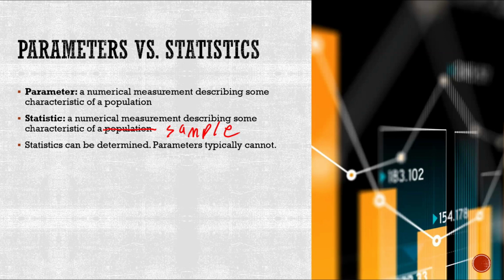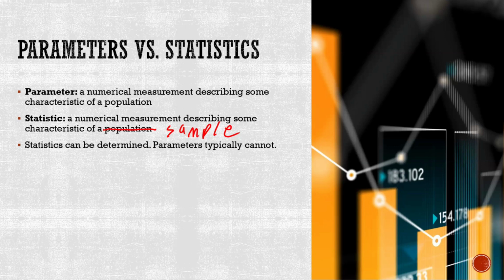How different is what we're interested in, right? It's very difficult to figure out how people are going to vote until you actually vote. So typically, if the population is very large, it's impossible to calculate a parameter exactly. So typically you get a statistic to estimate a parameter, right?